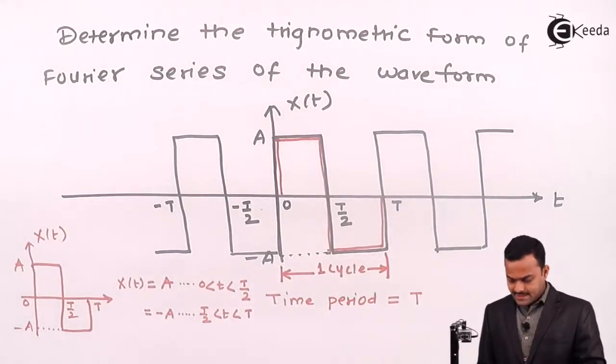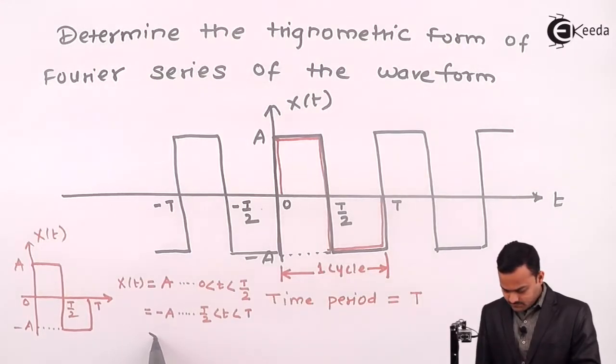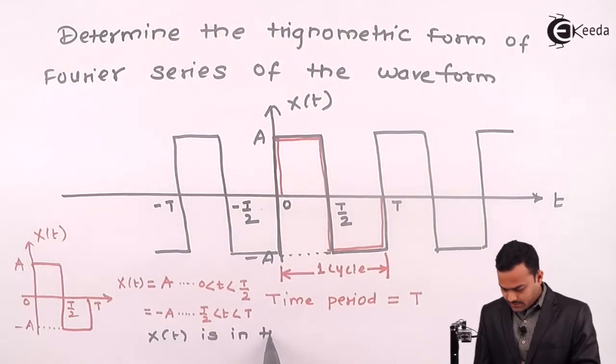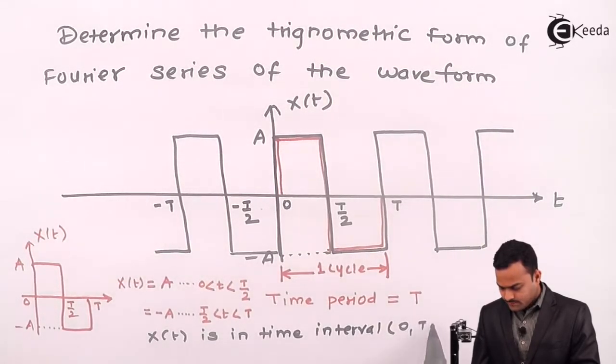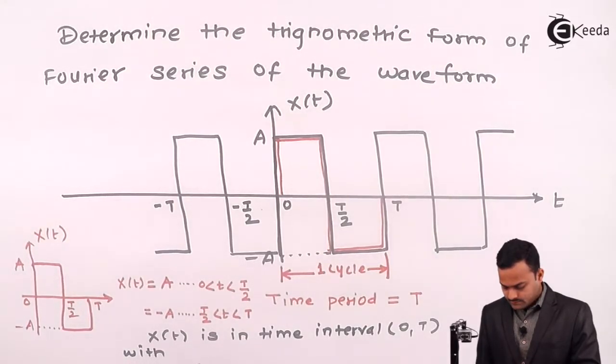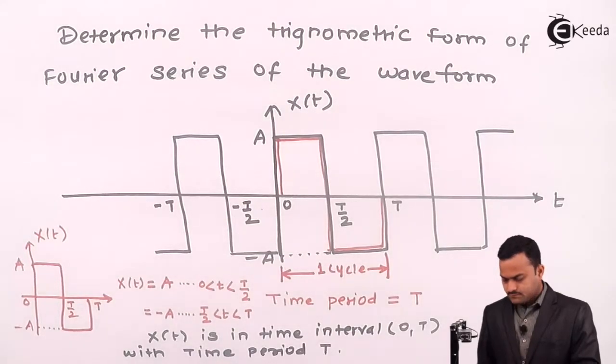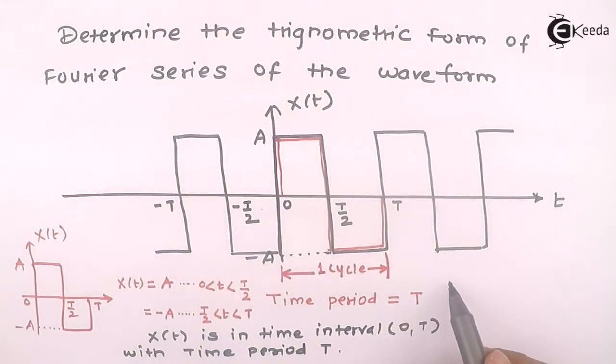So now I can say this x of t is in the time interval from 0 to T with time period capital T. What is the use of this capital T? Now, in our formula we have an omega.